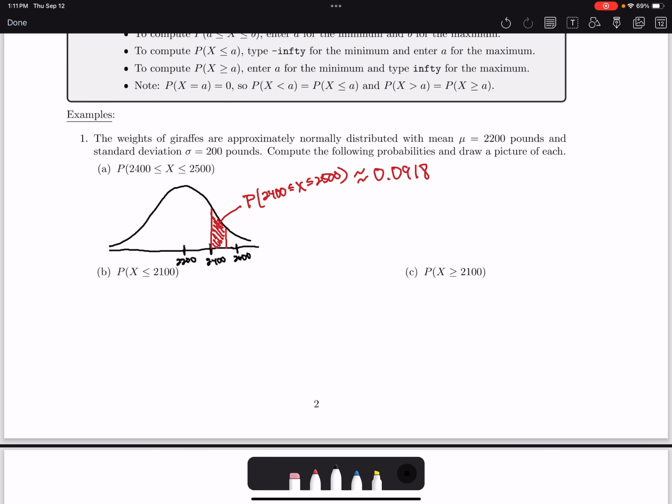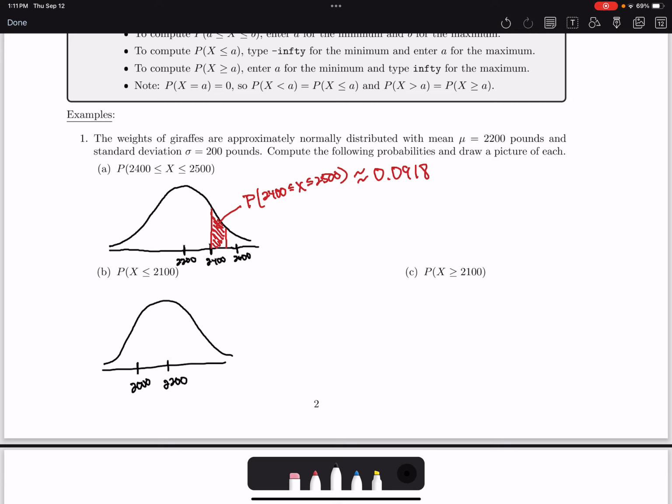So let's look at the next one, right? Part B asks for the probability x is less than or equal to 2,100. Okay. So this time, here's 2,200. One standard deviation below the mean would put us at 2,000, okay? Because the standard deviation is 200.